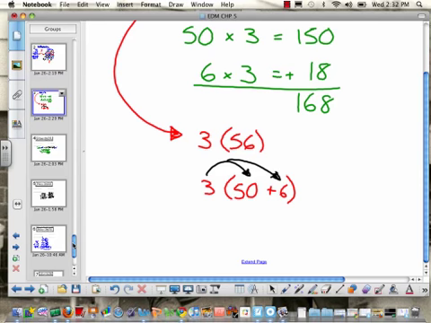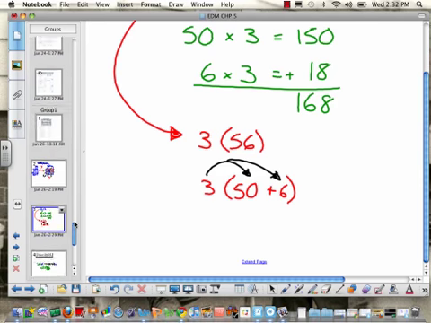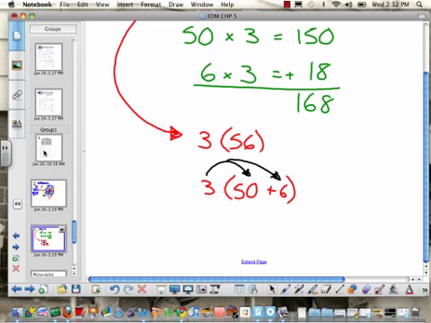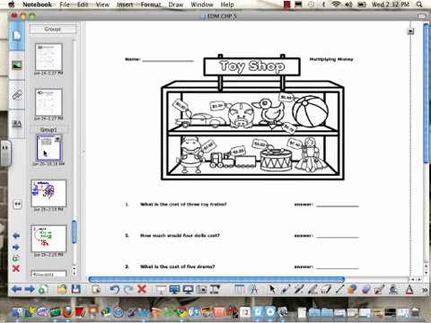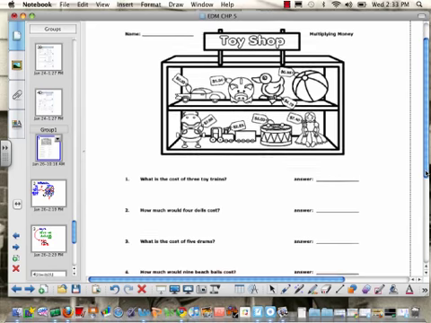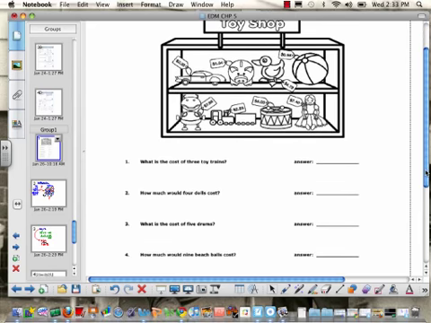So you might have even seen on last night's homework, kids were asked to look at, for some of the kids who took challenge problems, consumer applications here, so shopping where you have opportunities to use partial products.